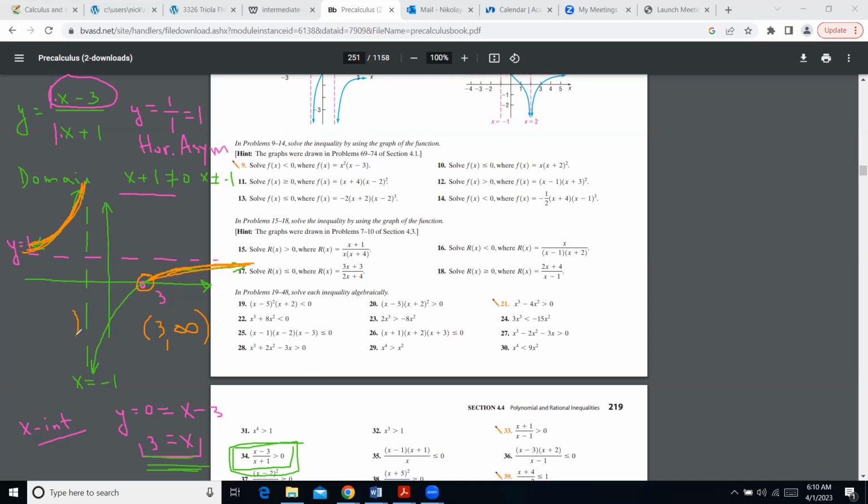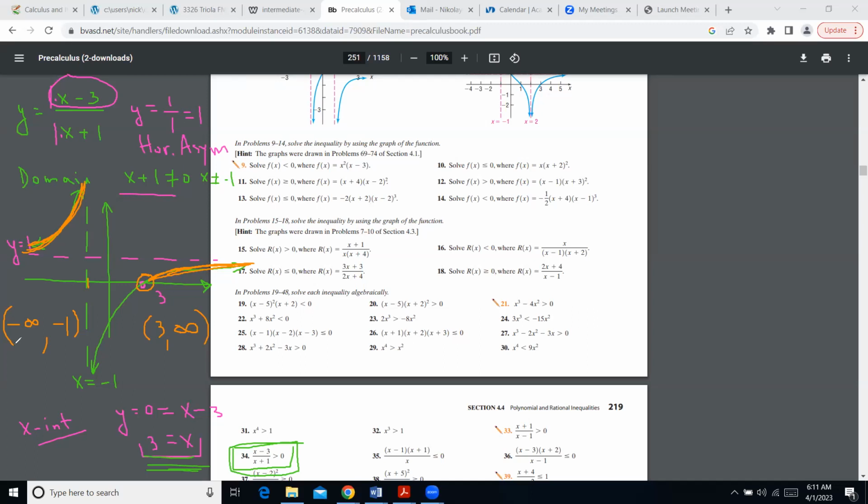And the other piece starts at -1, which is out, and goes all the way to the left, to negative infinity. The point is, once you graphed it, you're pretty much done, because all you care about is to see when it is above and when it is below the axis.